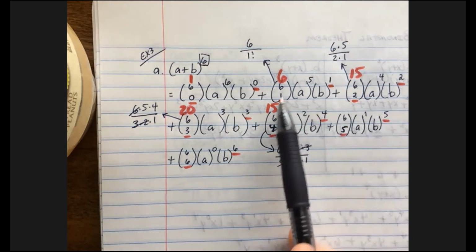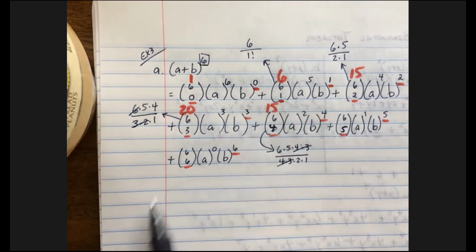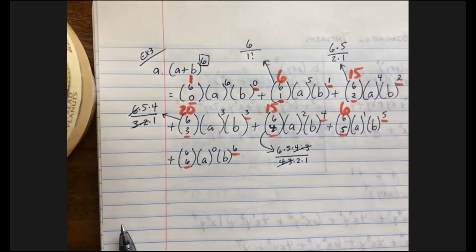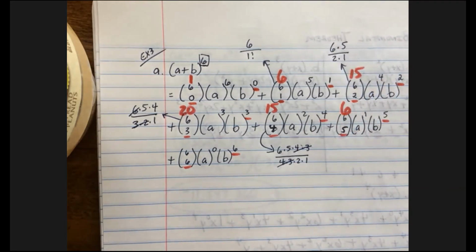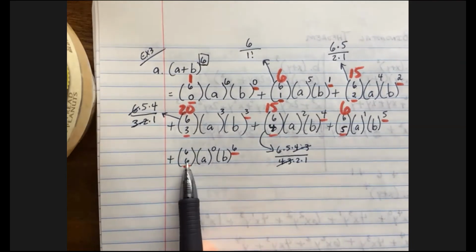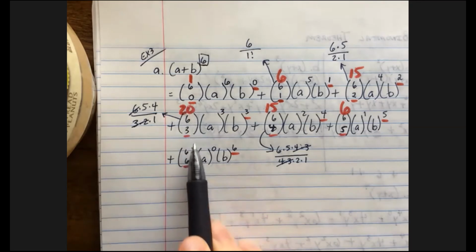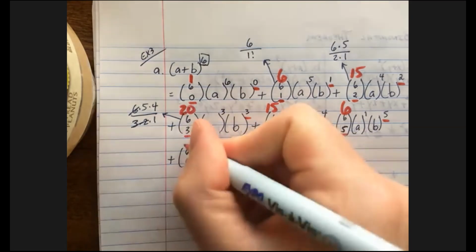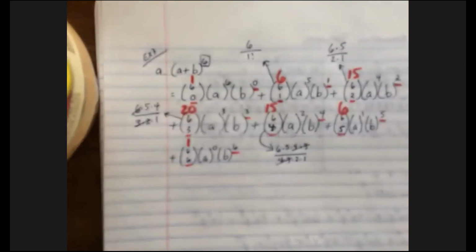We already know that 6 choose 1 is 6. Therefore, 6 choose 5 is also going to be 6. And the last one, 6 choose 6. Well, 6 minus 6 is 0. And we know that if this was a 0, then we're going to get 1. So 6 choose 6 is also 1.